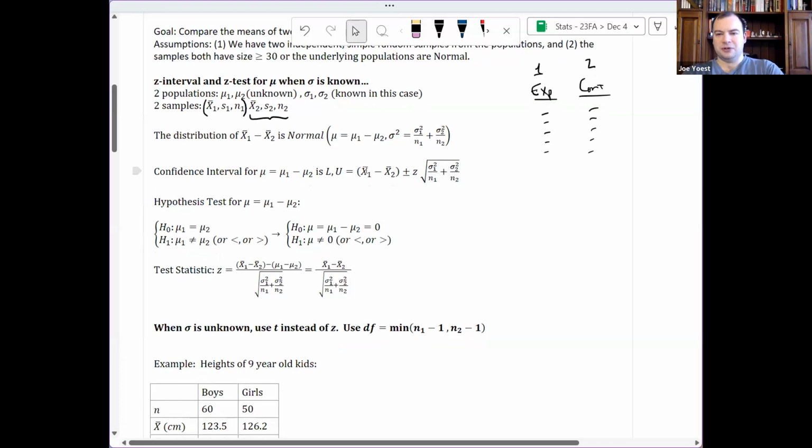So again, same form, point estimate plus or minus some number of standard errors. This should look very familiar from our work in confidence intervals. And all that we need to do is just replace our point estimate and our standard error with the ones for this distribution.